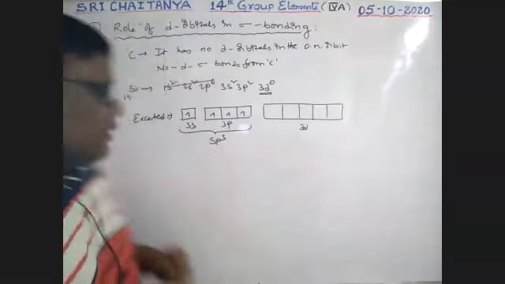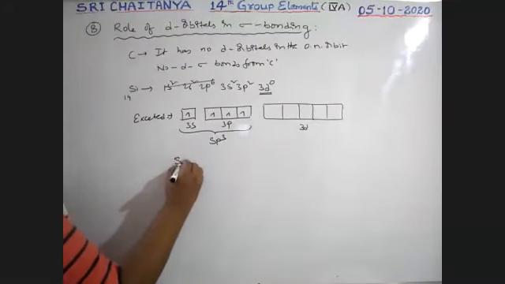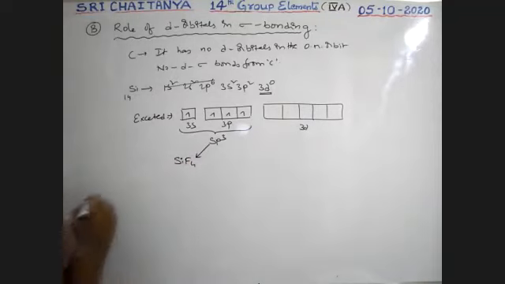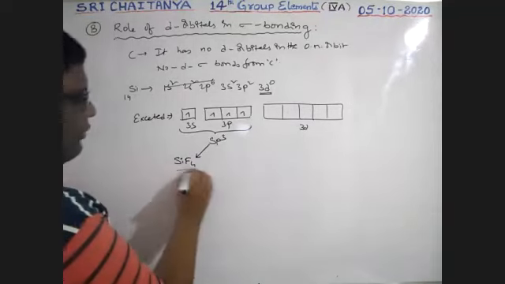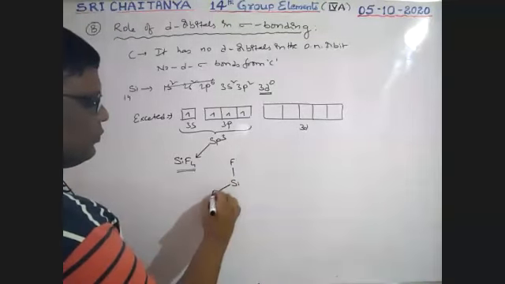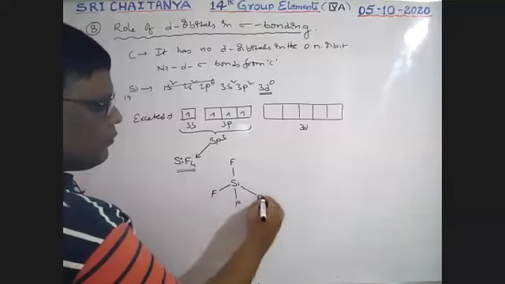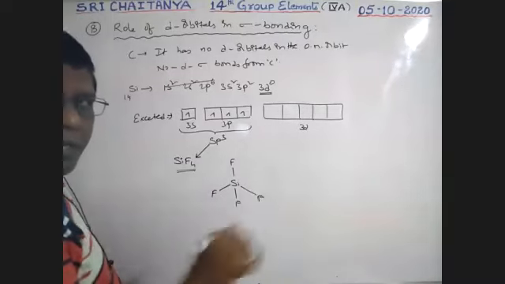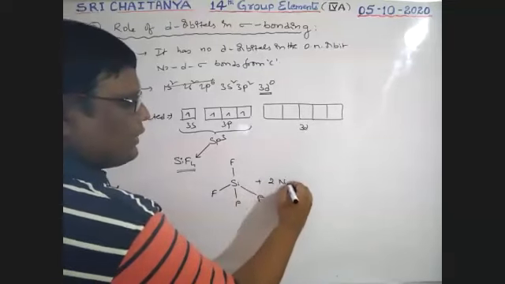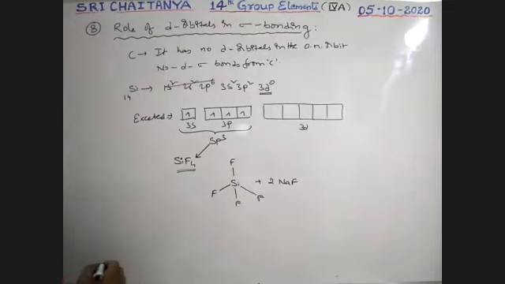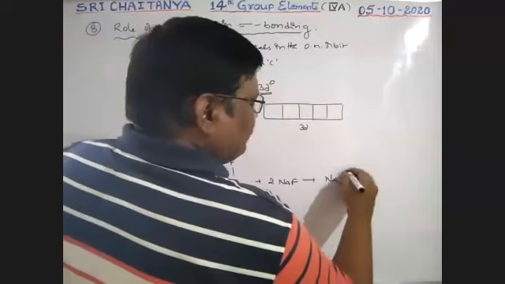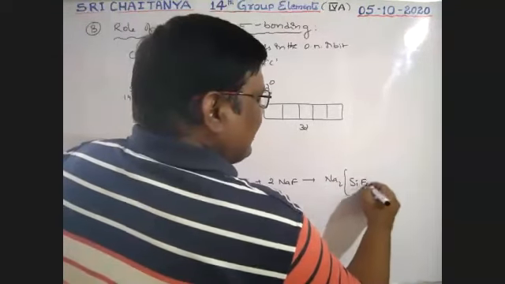So SiF4 contains sp3 hybridization. Therefore, silicon with four fluorines has sp3 hybridization. But if it reacts with 2NaF, that converts into Na2SiF6.